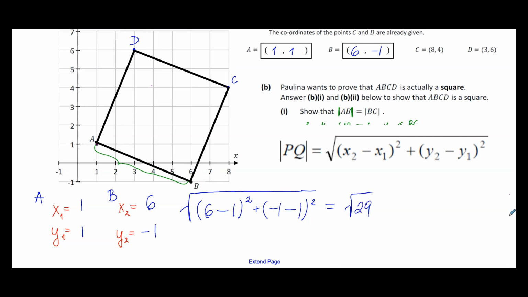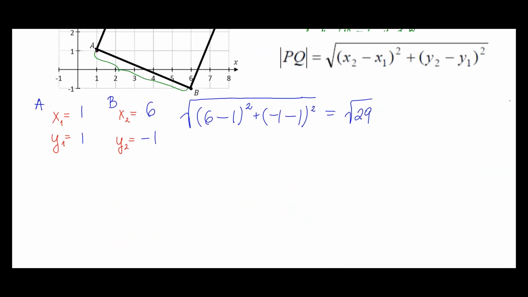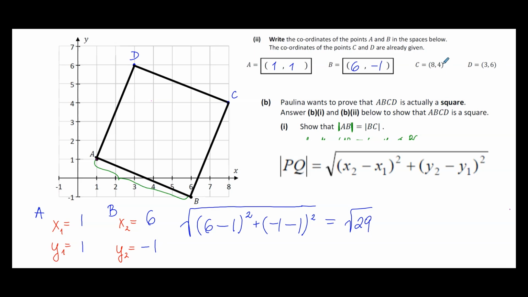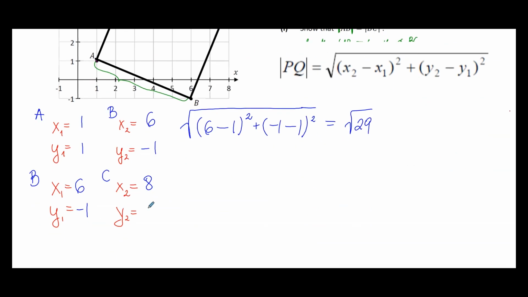Now, we're going to do the same for BC, because we need to find the length of BC. So again, we're doing the list for the first point and the second point, and again, it doesn't matter. This time B can be the first and C can be the second. So coordinates of B are 6 and -1, and coordinates of C are 8 and 4.